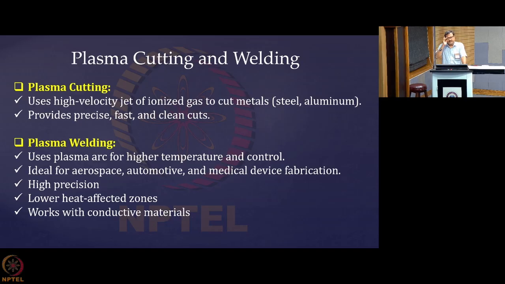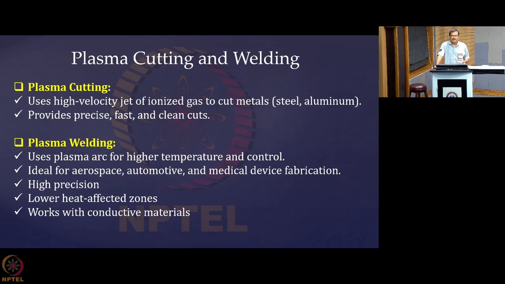Now I go for the technology, that is plasma cutting and welding, where you are using plasma for cutting, with the high velocity jet, as I have already told in the classes, and the high temperature together. They allow you to cut metals, very thick metals, in a very precise, fast and clean manner. Plasma welding, you all know, nowadays is very popular. So plasma arc is used there for high temperature and control.